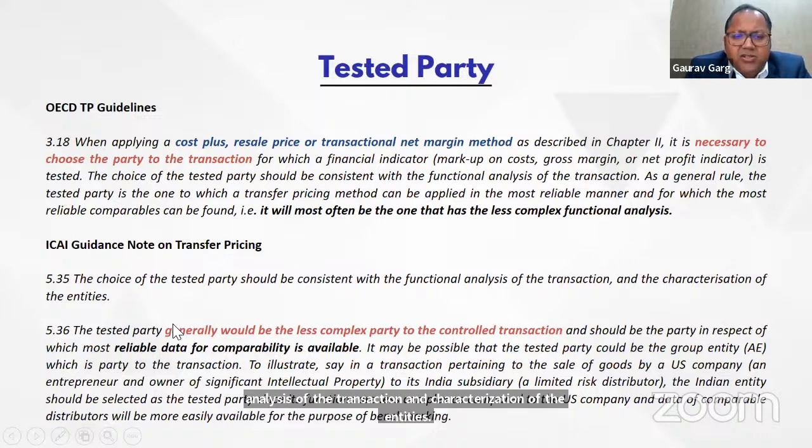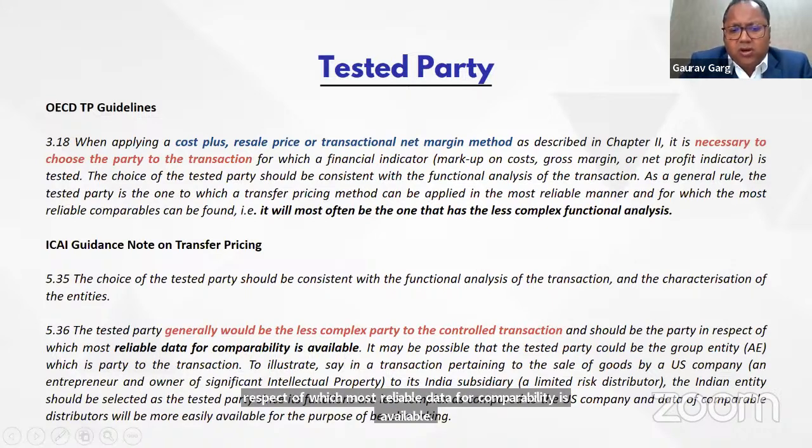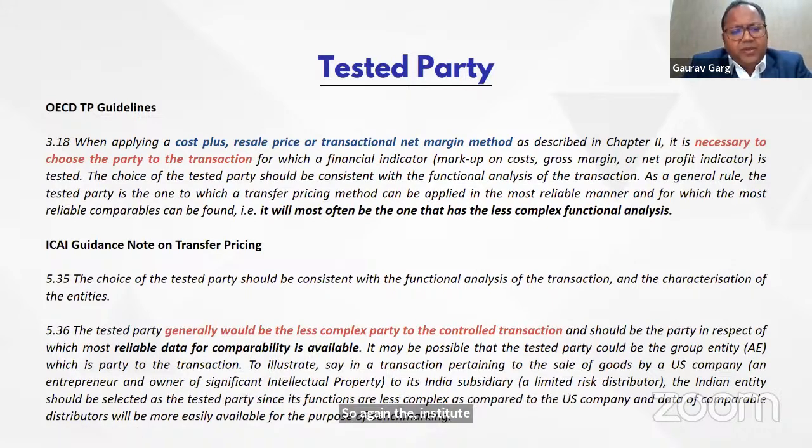The tested party generally would be the less complex party to the controlled transaction, and should be the party in respect of which the most reliable data for comparability is available. So again, the Institute has the same view, that the party should be the less complex party, and the data should be available for the purpose of benchmarking.